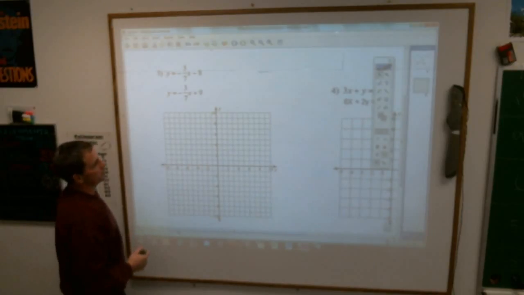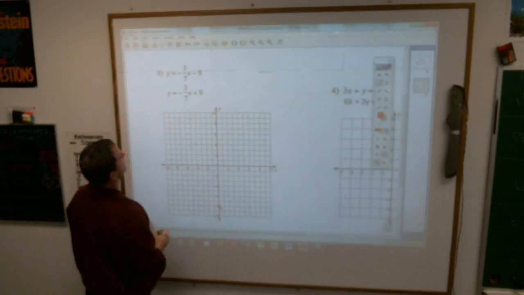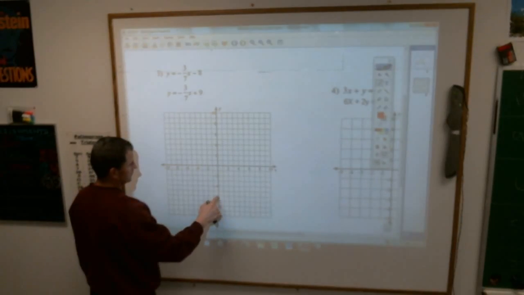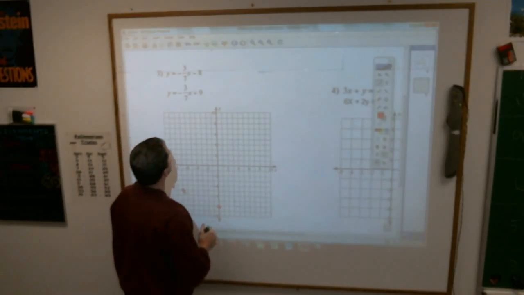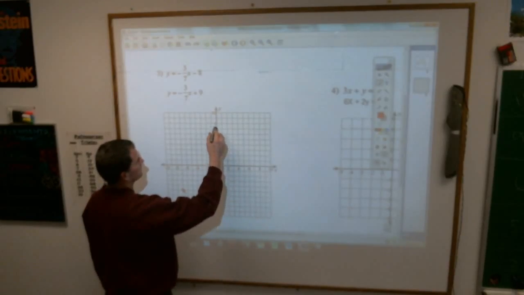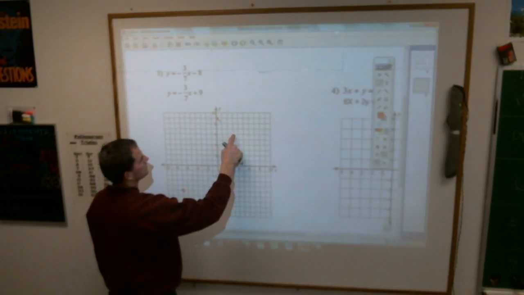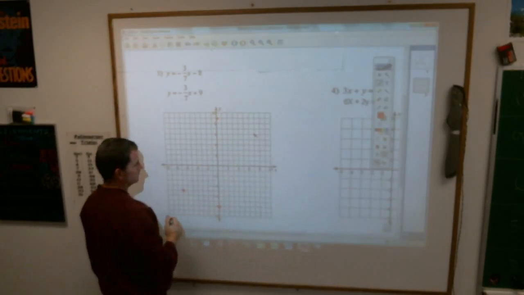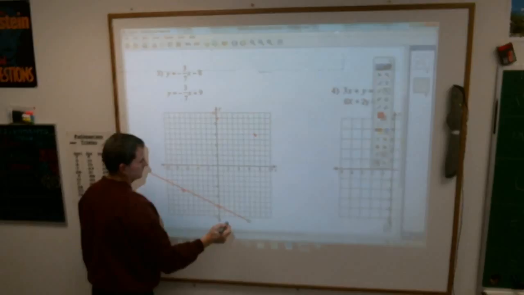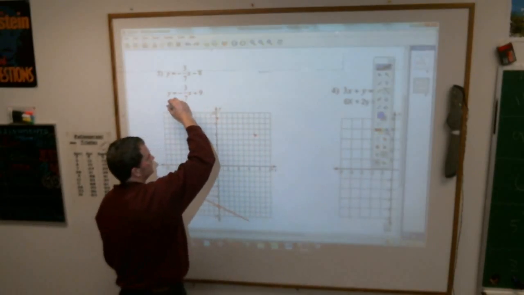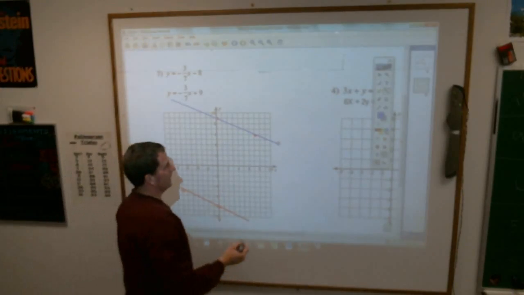If you graph number 3, -8 and a slope of -3/7. 1, 2, 3, 4, 5, 6, 7, 9. -3/7. What happens on problem number 3?